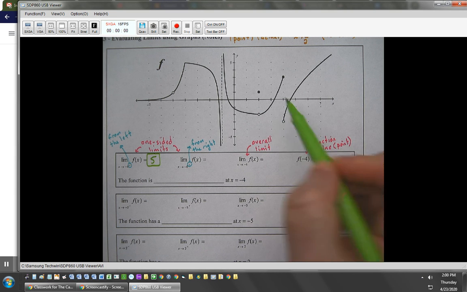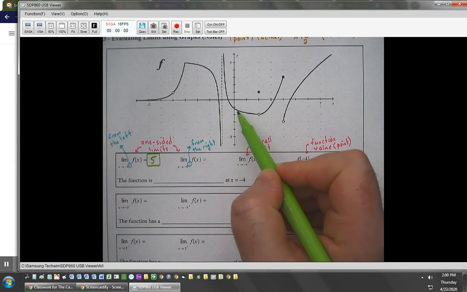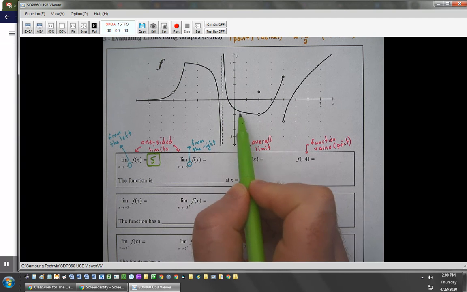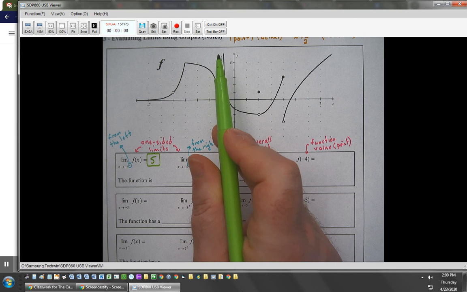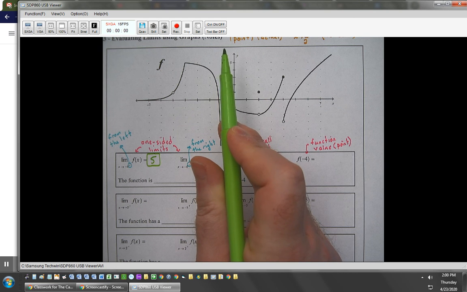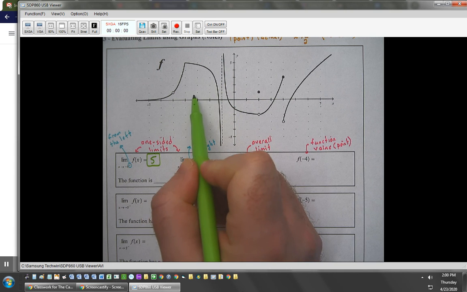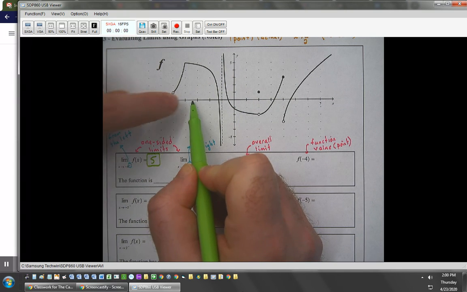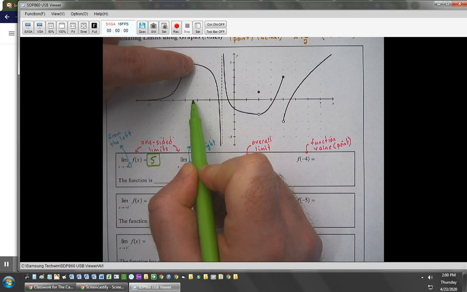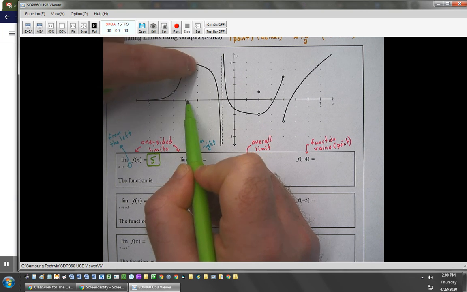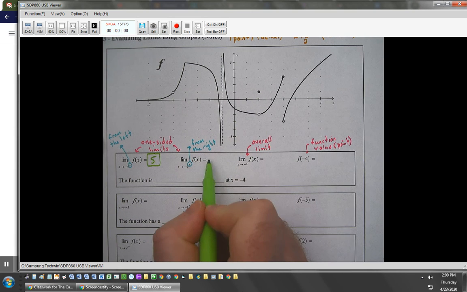Or even if you go down here and follow the curve as x gets closer to -4, I get caught into this thing that we know is an asymptote. We'd be going up forever, we'd never get there. So just go a little bit away from -4 on the x, track up to the curve, and then approach. So as I approach -4 from the right, what is my y value approaching? It's approaching 5 as well.